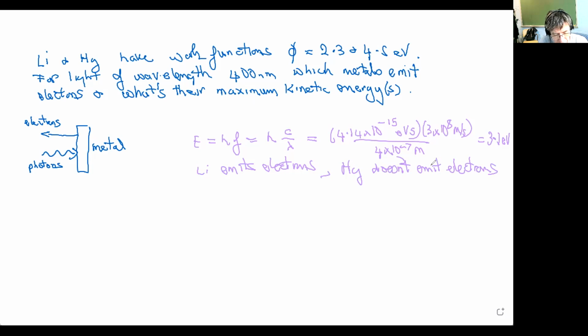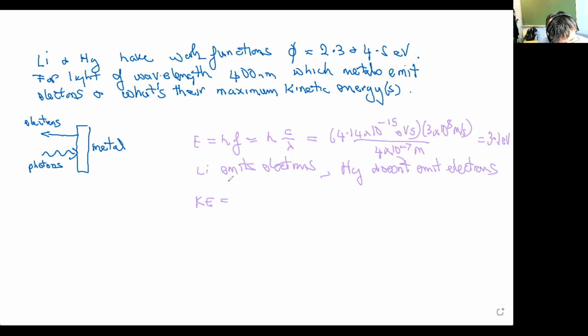And the mercury doesn't emit electrons because the energy of the photons is smaller than the work function. So we can go ahead now and calculate the maximum kinetic energy of the electrons emitted by the lithium. There's no such calculation for the mercury because no electrons are emitted.